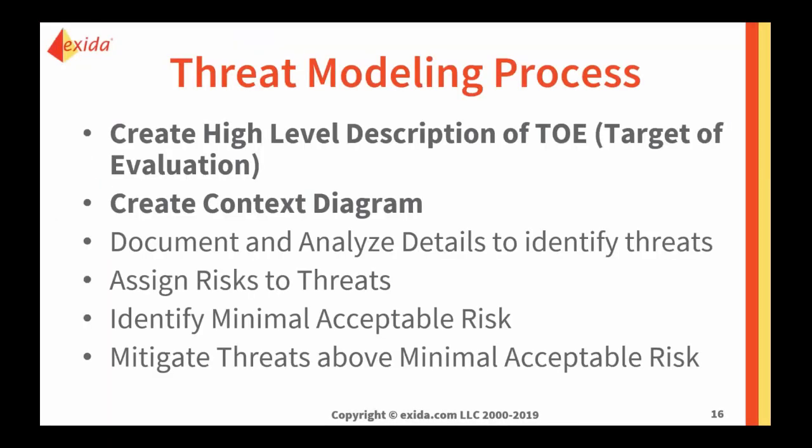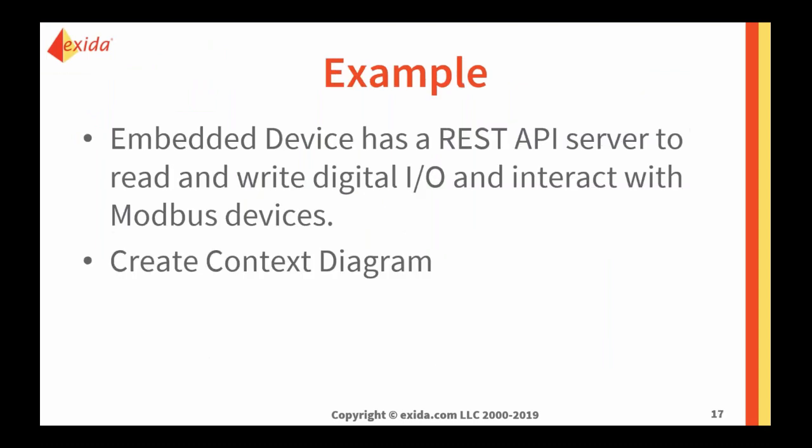So if we go to the next slide, what we'll see is our example here is going to be an embedded device, and it has a REST API server, which is a server that lets you use HTTP protocol or your browser essentially to talk back and forth with the embedded device. And in this case, we're going to be able to read and write digital I/O or interact with the Modbus devices themselves.